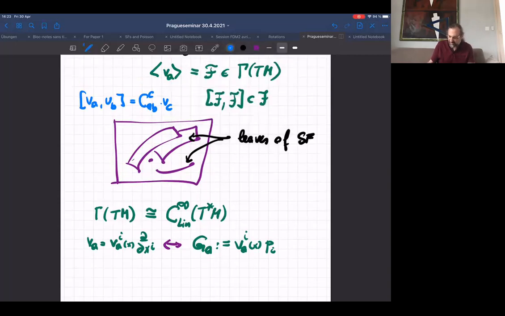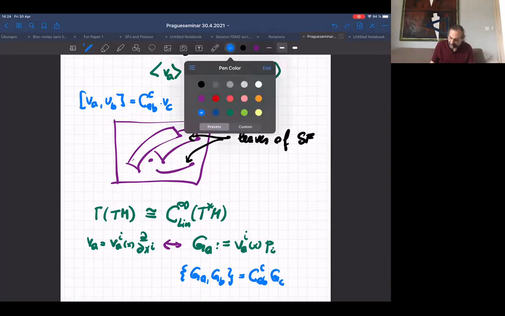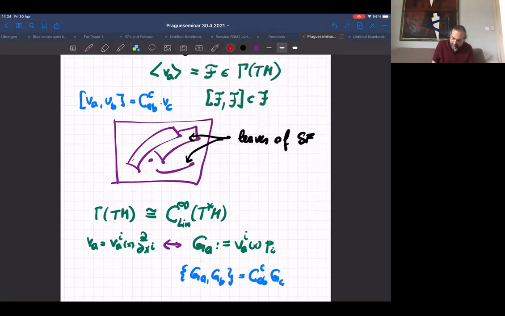So these are our constraints, and because of the first condition in blue, we have the usual condition, which is called first class by Dirac: the Poisson bracket of G_A with G_B closes on these constraints. So this is the first class property.